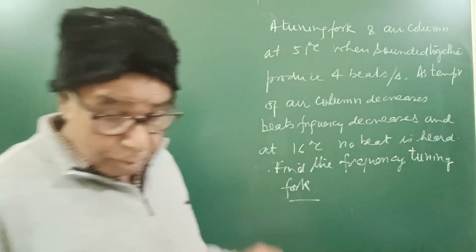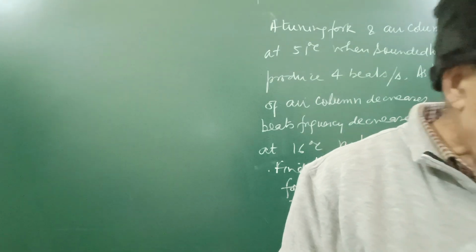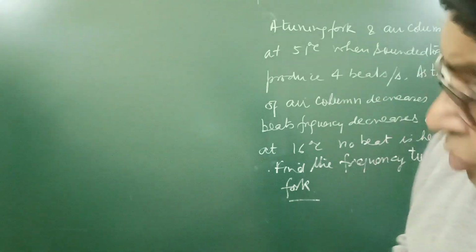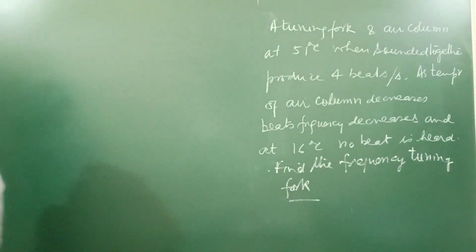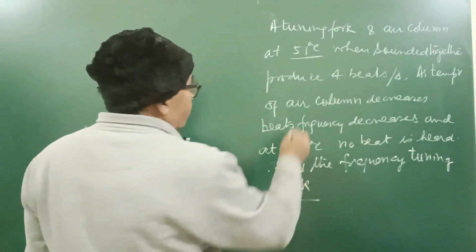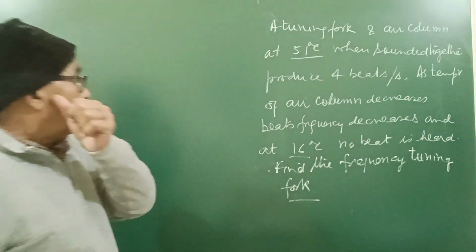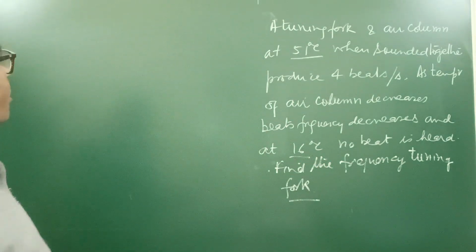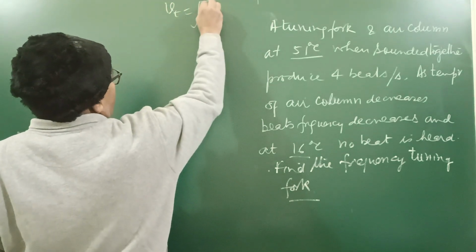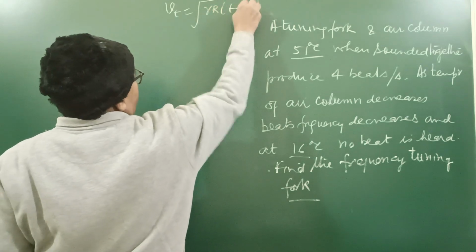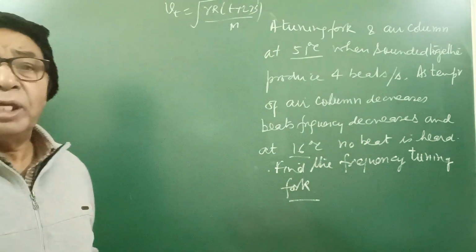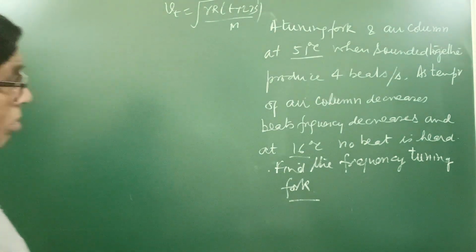Now there will be questions on tuning fork in the coming chapter also. Now tuning fork, air column, 51 degrees centigrade. So why is temperature given? Because the speed of sound in air varies with temperature, and Vt is equal to under root gamma R into T plus 273 upon M. As temperature changes, speed changes.